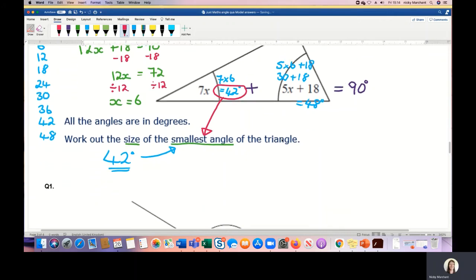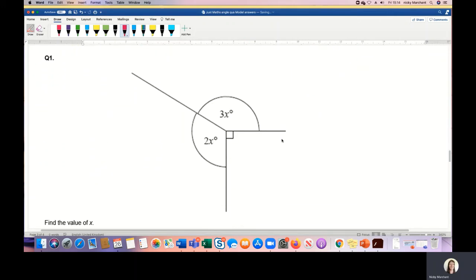Okay, so down to one more. And this one again is about saying what you see. So this one, if you have your 5x, because you've got 3x plus 2x. Now 3x plus 2x, this is your 90 degrees already done.